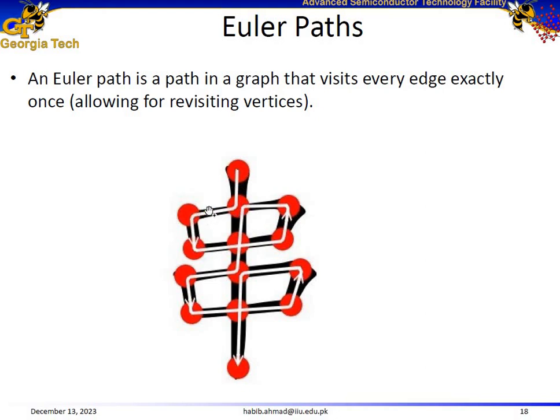But this is just one solution. Another possibility is starting from here, then going this way, and then follow this path, and then going this way and follow this path, and then get to the end. So there could be multiple possibilities for the Euler paths.